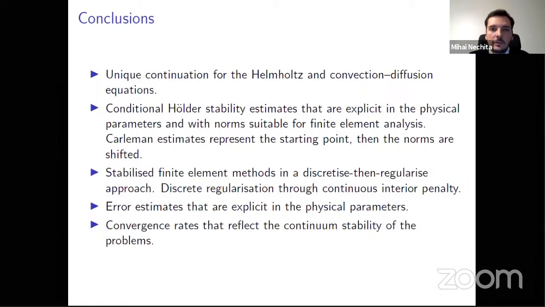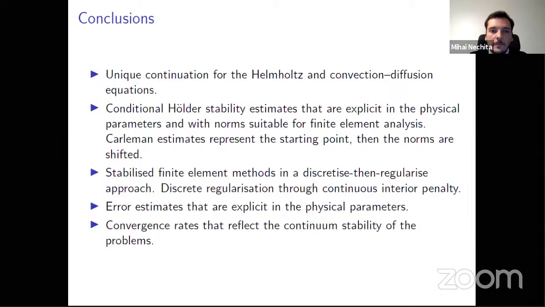So to conclude the talk, this was about unique continuation for two PDEs in which the physical parameters play an important role, and the focus on the continuum level was to come up with conditional stability estimates that were explicit in the physical parameters and with norms that are suitable for finite element analysis.